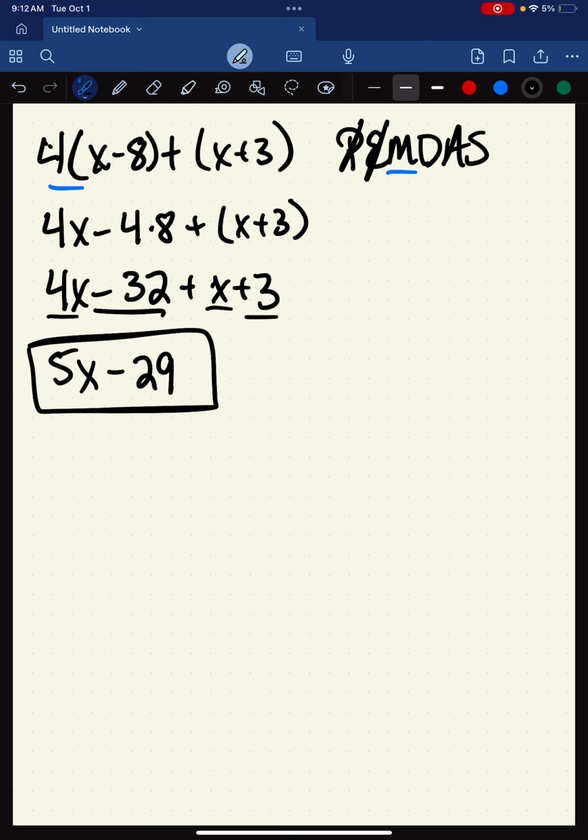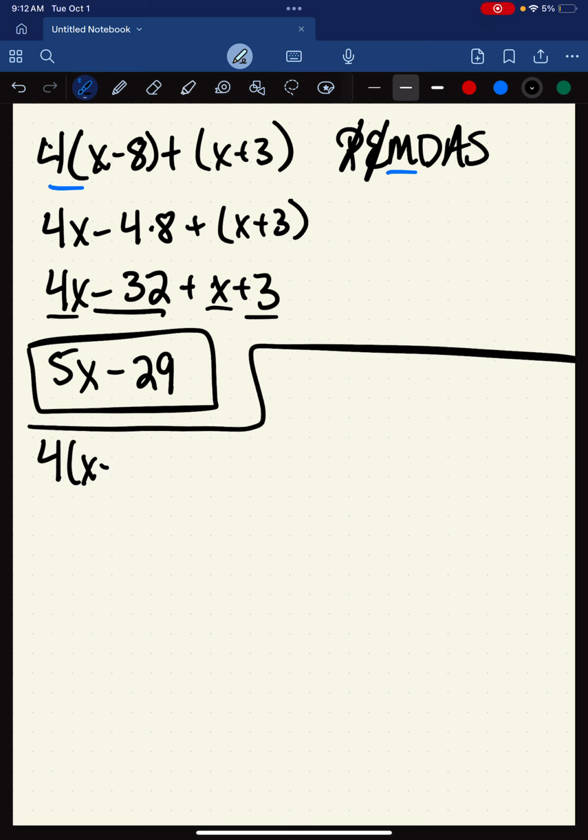Okay, let's look at maybe another one that's a little more involved, which is going to be 4 times (x minus 8) minus (x plus 3). Well, again, there's nothing to do here with parentheses or exponents, so we're on to multiplication. But really we have two multiplications here.